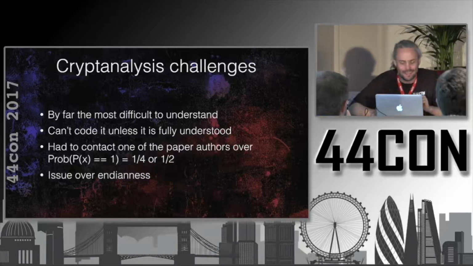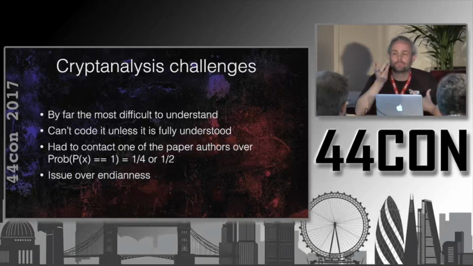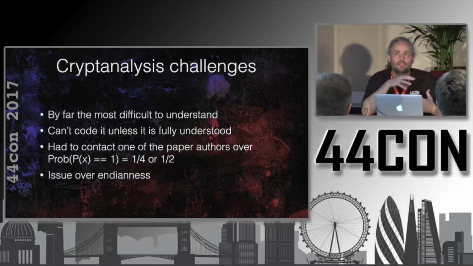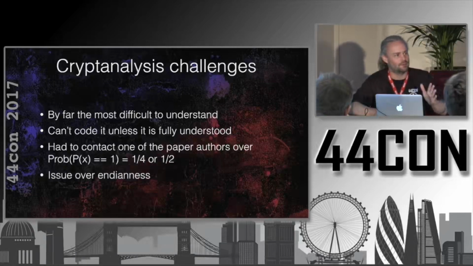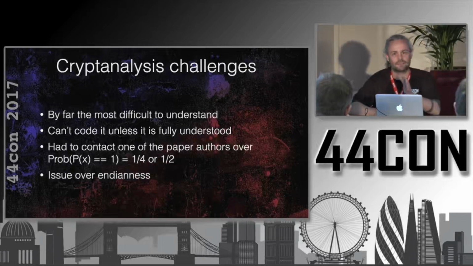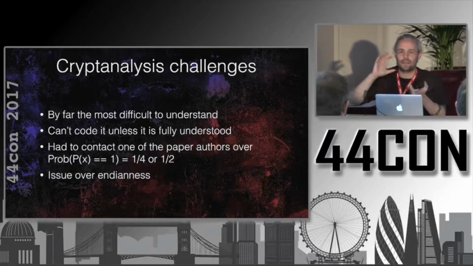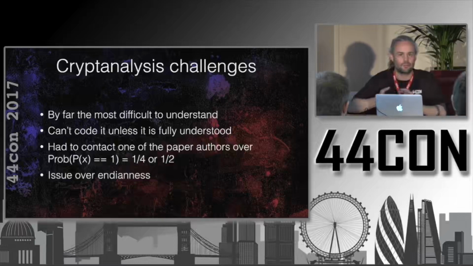And endianness really matters because the paper talks about bits in terms of the order they're sent over the RF. So the first bit sent would be bit 0, and then the next bit would be bit 1, etc. But when you actually put them in a computer into variables, we have all our bits the other way around, and so you can easily be working back to front on what you think.